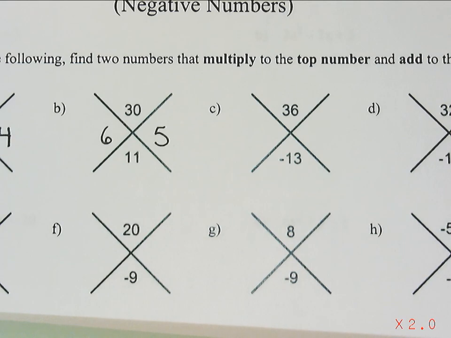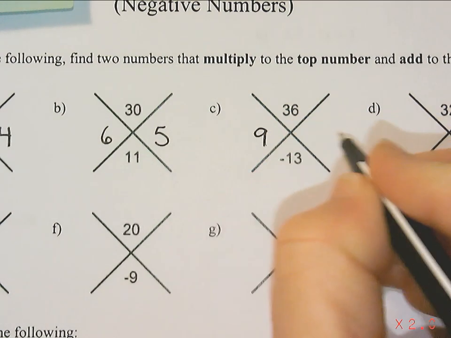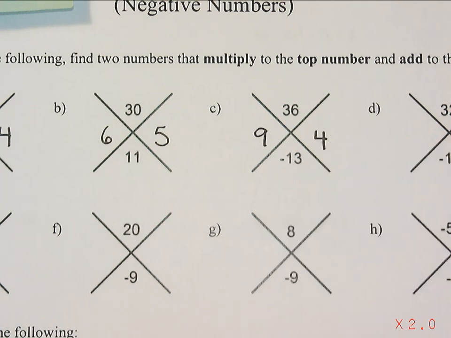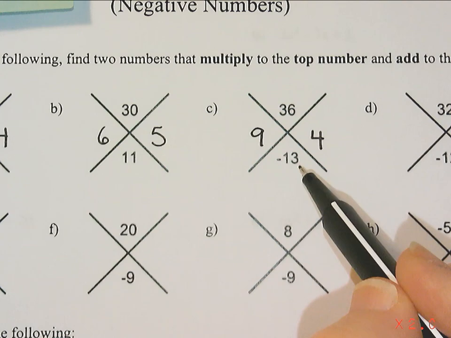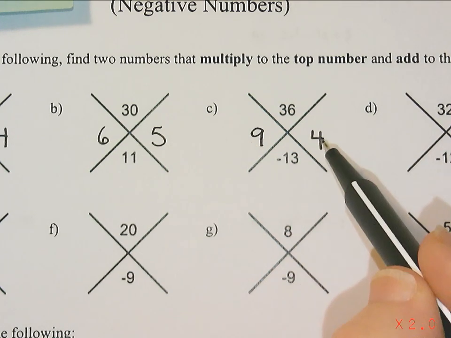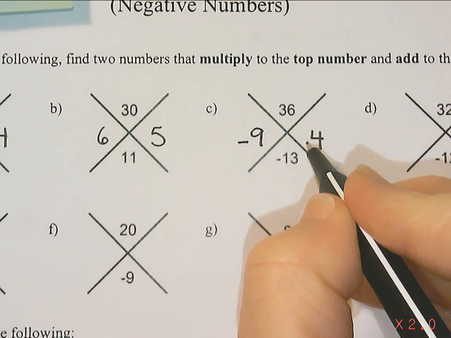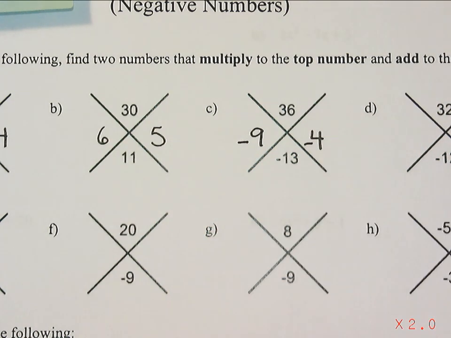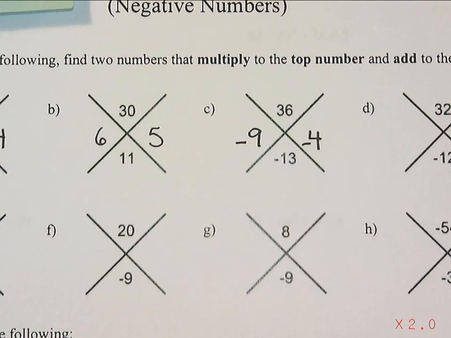We are looking for a 13, so we're going to try 9 and 4. Now this time, in order to get a negative 13, both of the numbers would have to have the same sign. So it would have to be negative 9 and negative 4 to make negative 13. And then just to check, a negative times a negative does make a positive, so I would get positive 36.